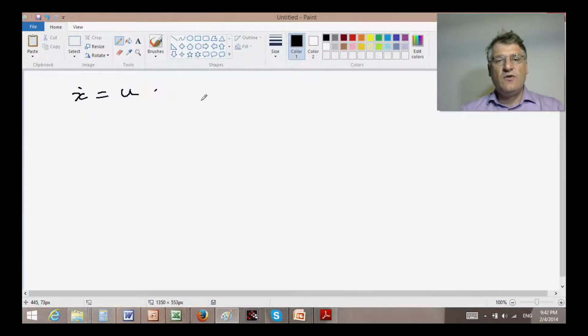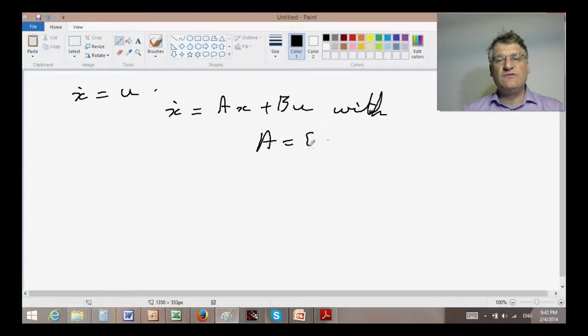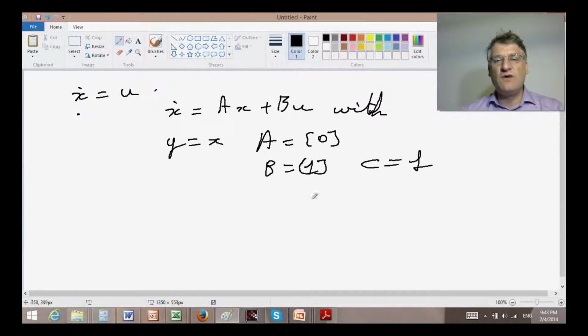Then we simply can write that x dot equals Ax plus Bu with A equal to 0, so it's a number, it's 0, and B equal to 1. I forgot to say the output. We could simply say y is equal to x, or in other terms, C is also equal to 1.